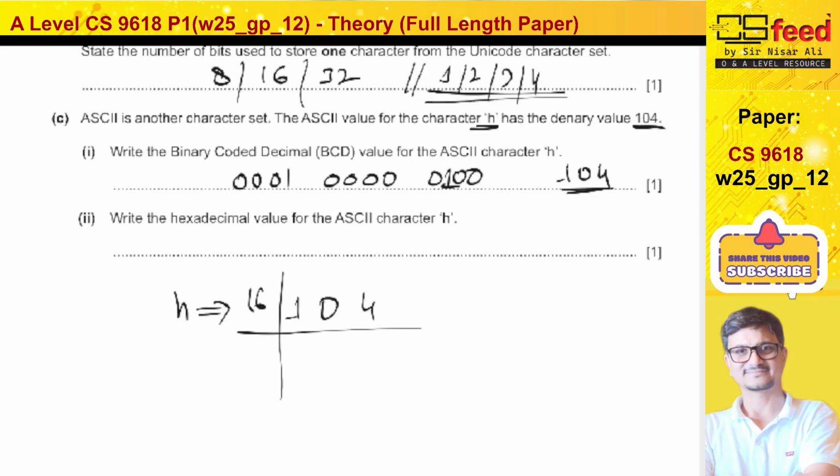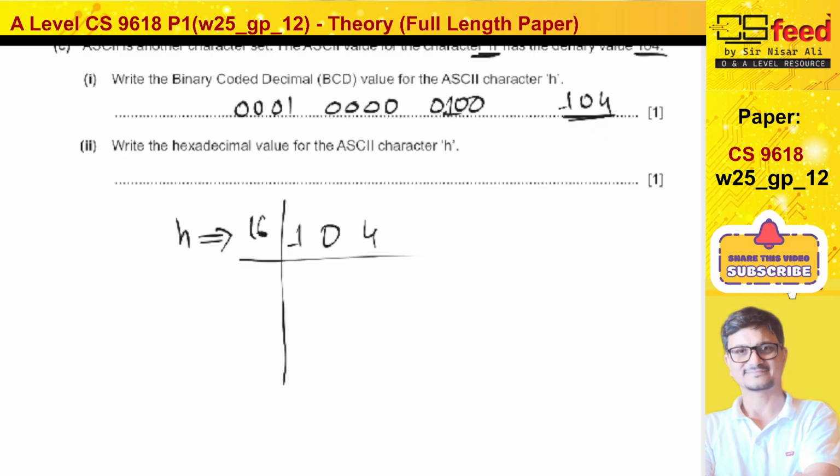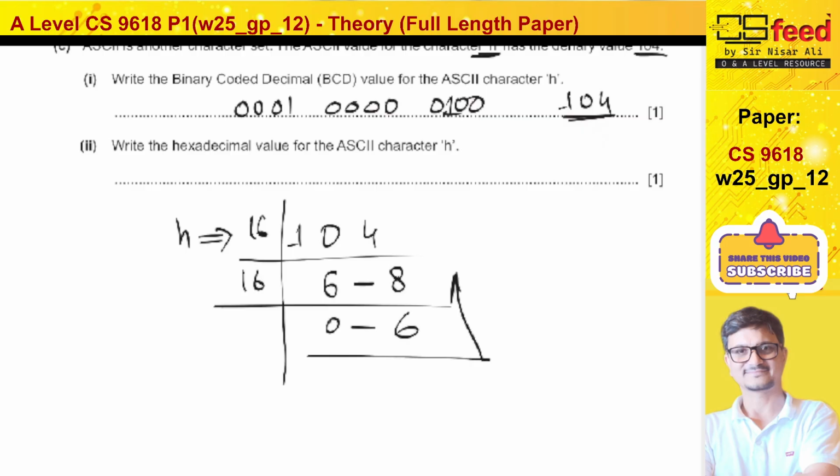So let's take the 16 table: 16 4s are 64, 16 5s are 80, 16 6s are 96, and 8 is left. Then 16 0s, and 6 is left. Basically it is 68.